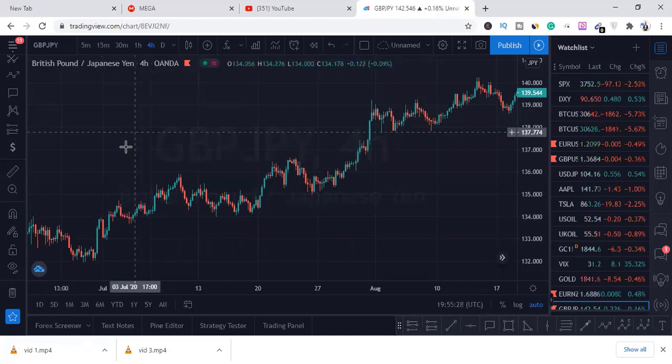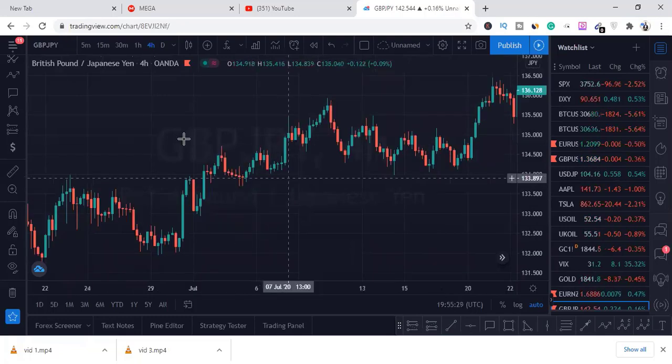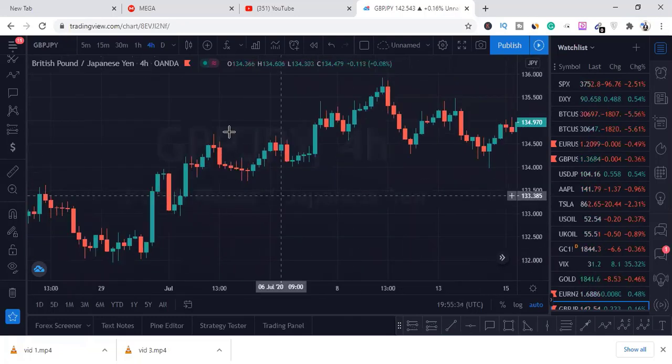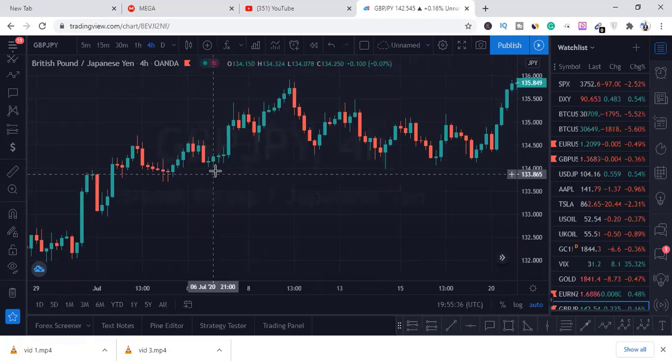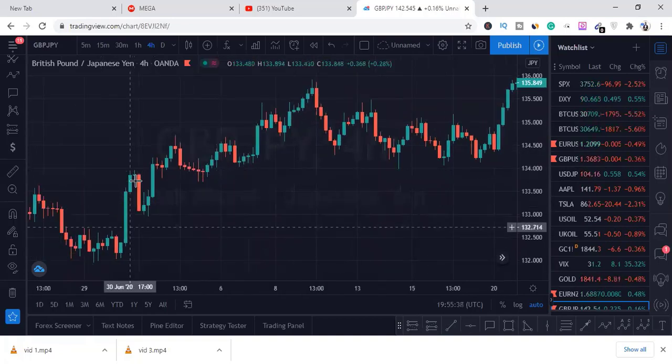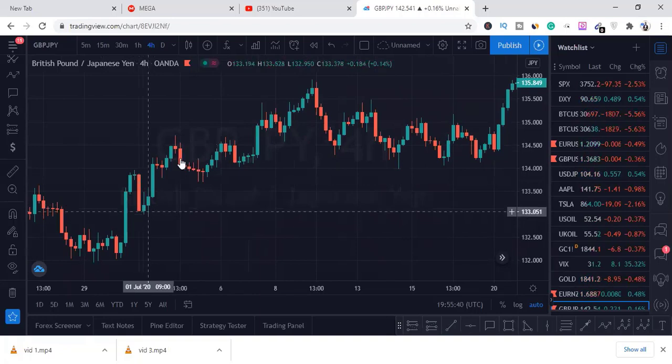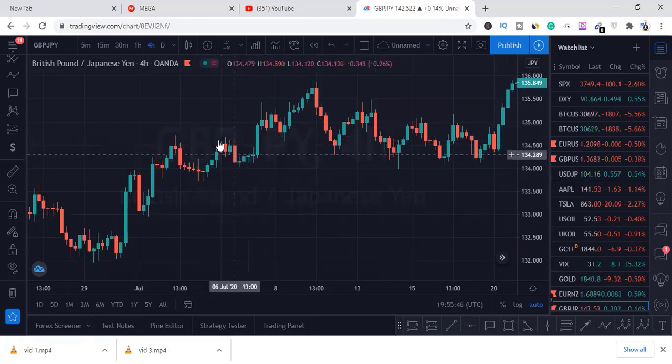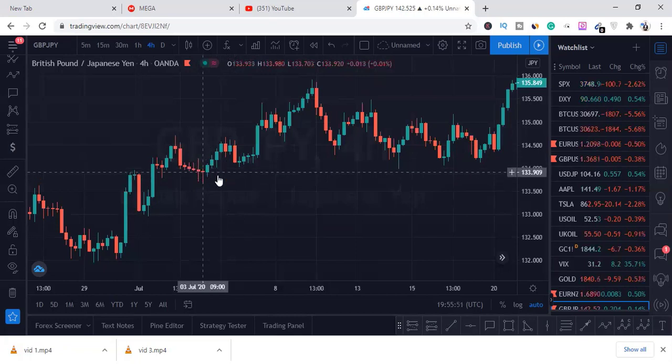Remember what I drew? This is it. Look at it. Remember I drew this before. Higher highs, higher low, higher highs, higher low, equal highs. You see that? And higher low. This low did not overshadow this low. So we are still in a higher trend.